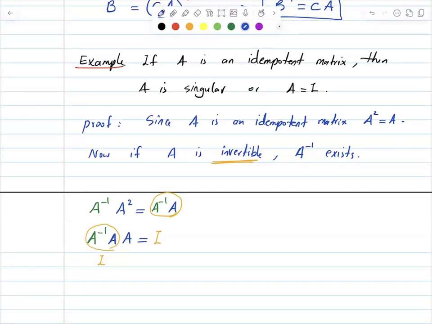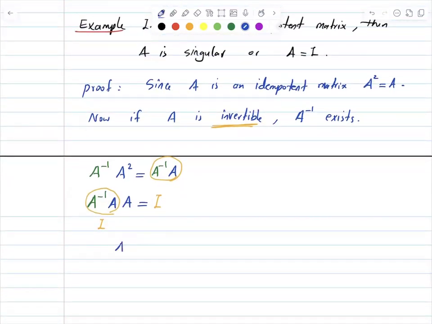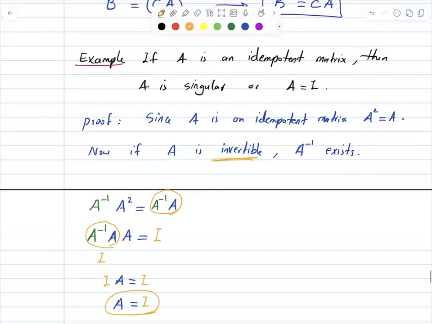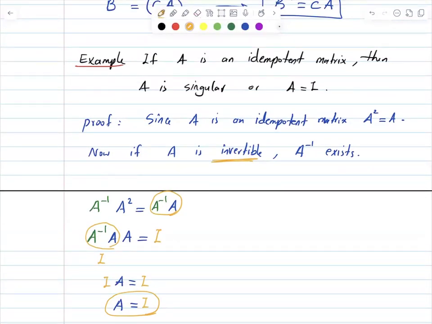So I have the identity matrix times A equals the identity matrix. So on the left-hand side, I have A. On the right-hand side, I have the identity matrix. So again, if you have an idempotent matrix, it's either singular. If it's not singular, it must be equal to the identity matrix.